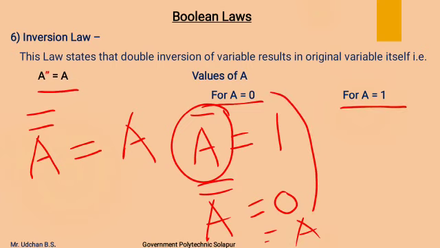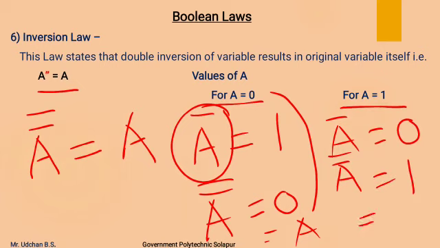Again for a equal to 1, the first complement will give you 0 and the second complement will give you again 1, which is nothing but the value of a which we have considered over here. This is how double complement of a variable results in the original variable itself.